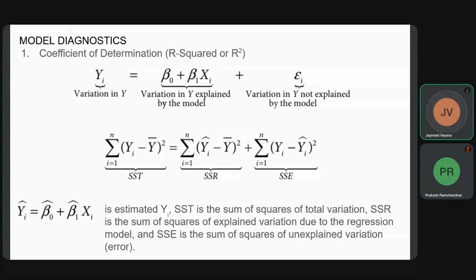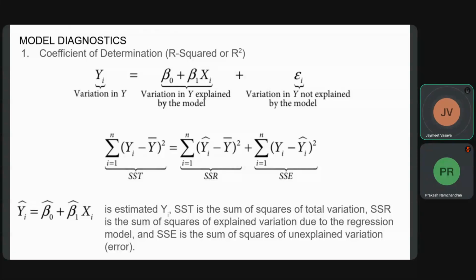SST is nothing but the sum of squares of total variation. So yi minus y bar, which is the mean of y, whole square, for the sum. Sorry, I read it wrong. So summation of i equals 1 to n, yi minus y bar whole square.